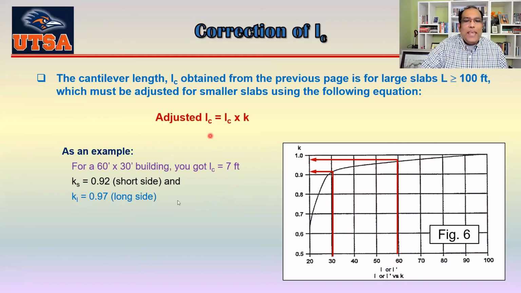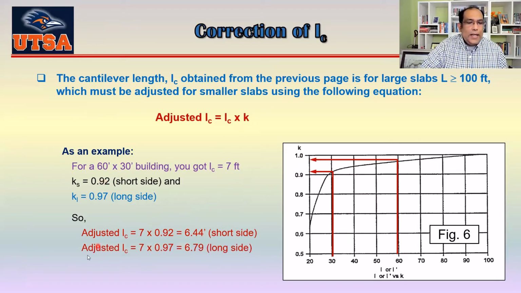Okay, so my adjusted LC for the short side would be 7 multiplied by 0.92, which is 6.44, and the adjusted LC for the long side is 7 times 0.97, so this is 6.79. Okay, so that's basically the adjustment for your LC.